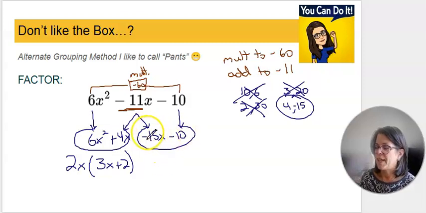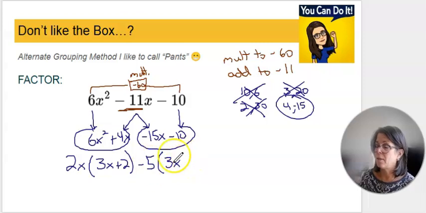Remember to take the sign of your first term. I can see that a negative 5 is my GCF. Negative 5 times 3 will give me negative 15, and I also need an x to get this back.